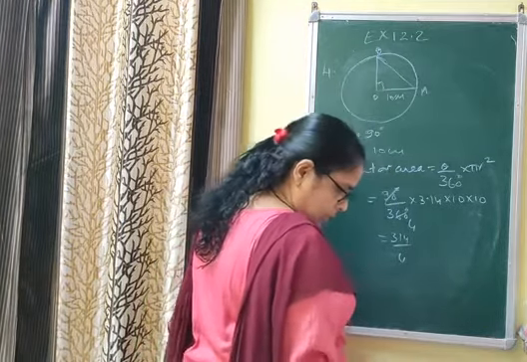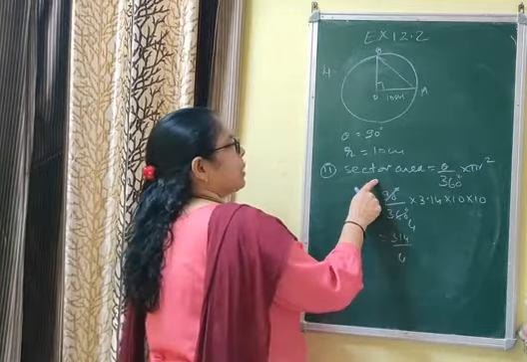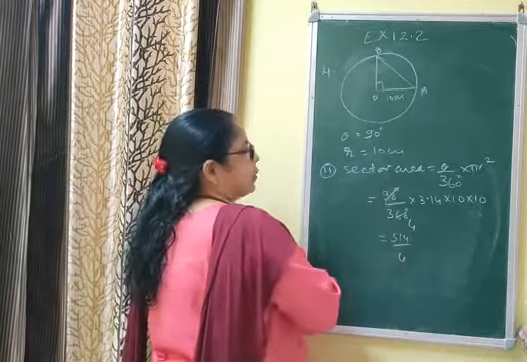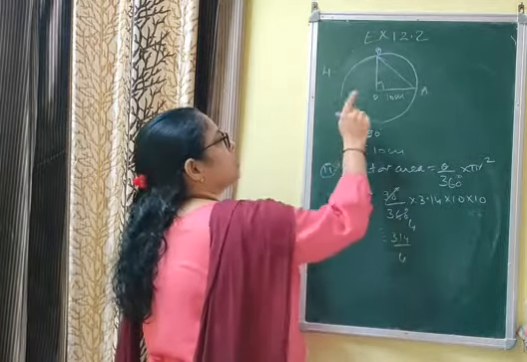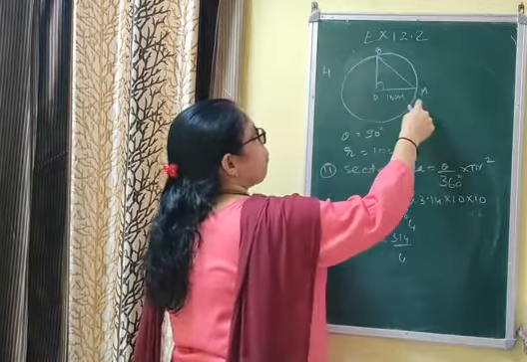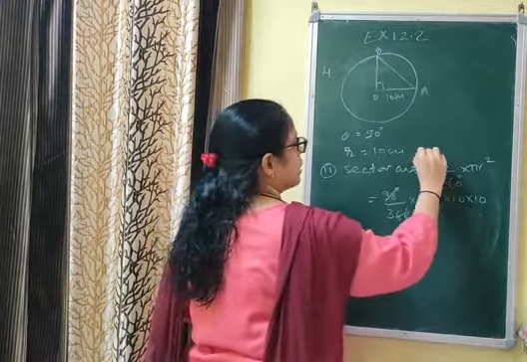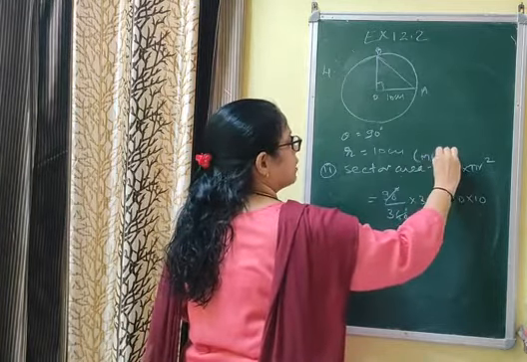Sorry, you are asked to find major sector, we are finding the area of minor sector. In order to find area of minor segment, you have to find area of minor sector minus area of triangle. So sector area you can write in bracket that is minor.